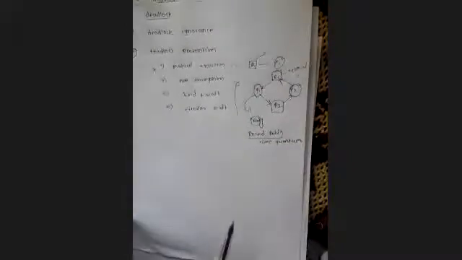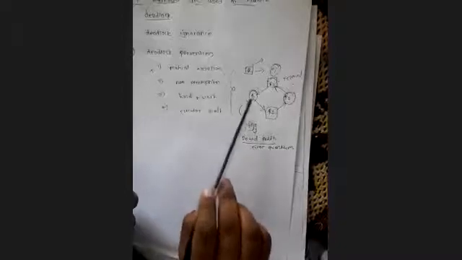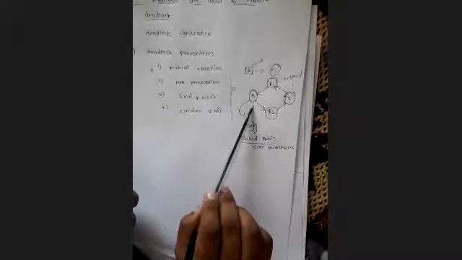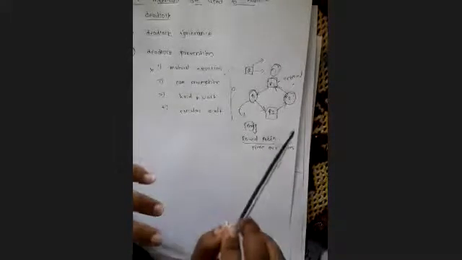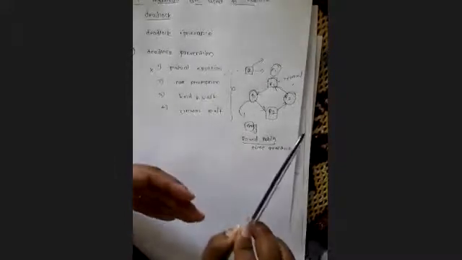But this is the method which we can apply to prevent the deadlock. Simply you have to remember, hold and wait can be avoided by taking the requirement of any process earlier. So if we have the process requirement earlier, then we can decide whether the process can continue or not, whether we have to assign the CPU to the process or not. Okay, that is for the hold and wait.